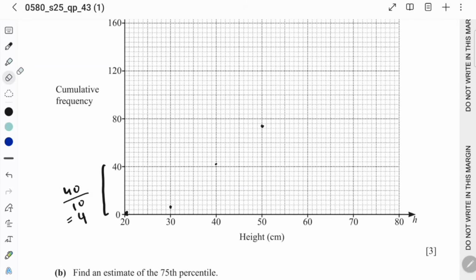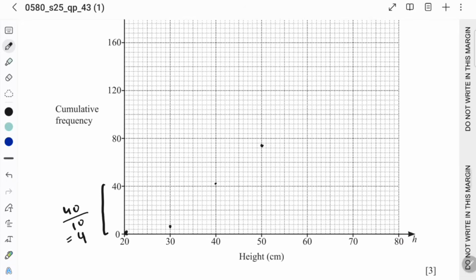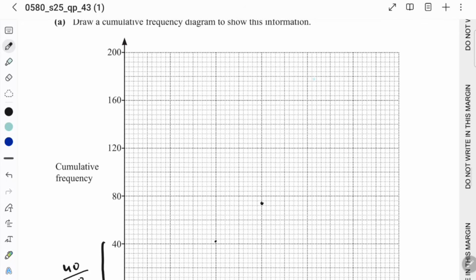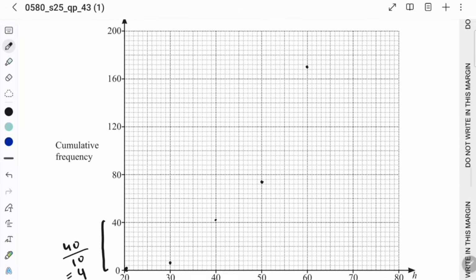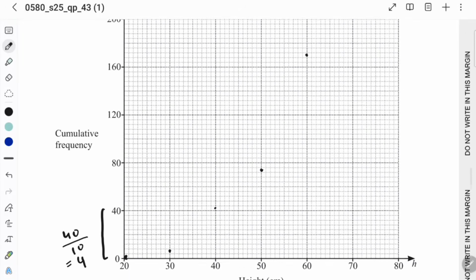I'm just increasing 4 numbers per box. Then it is 60 and 170. Between 160 and 180, 170 is there: 164, 168, and then half of the box is 170.